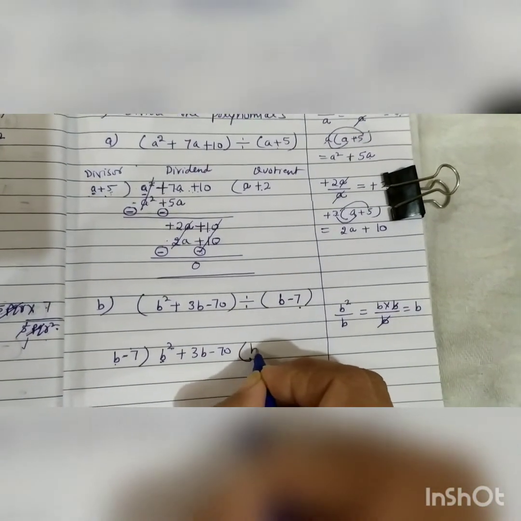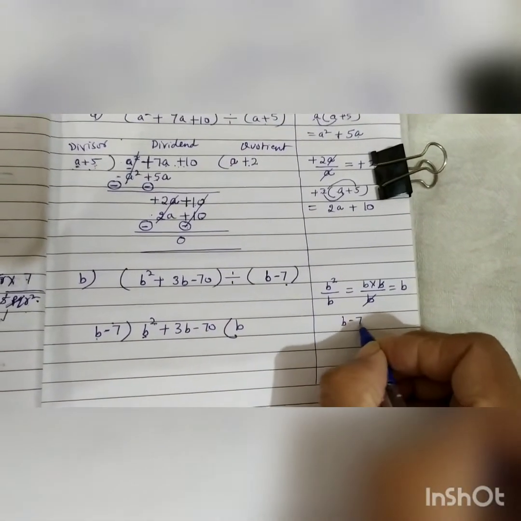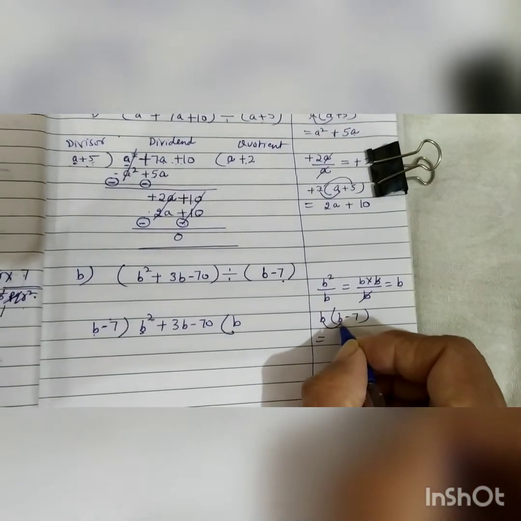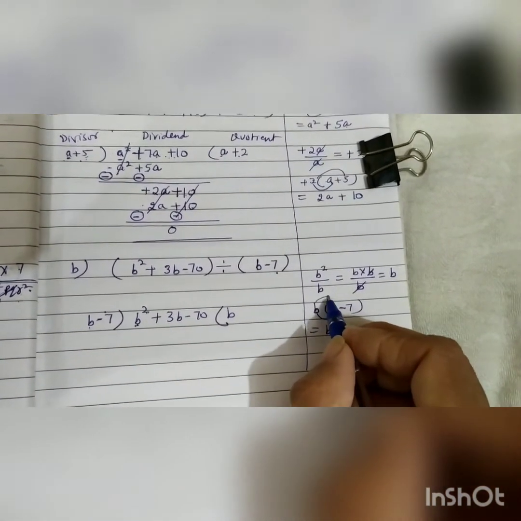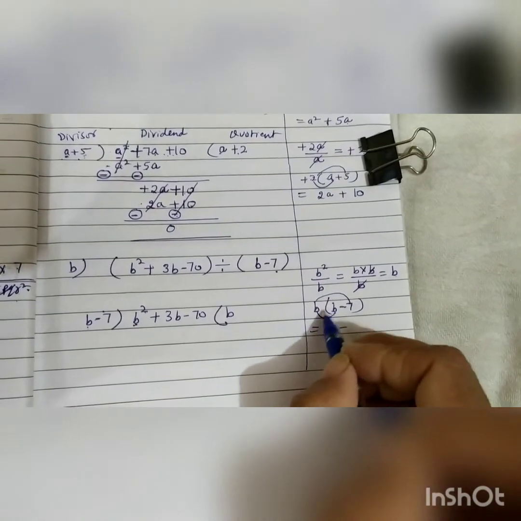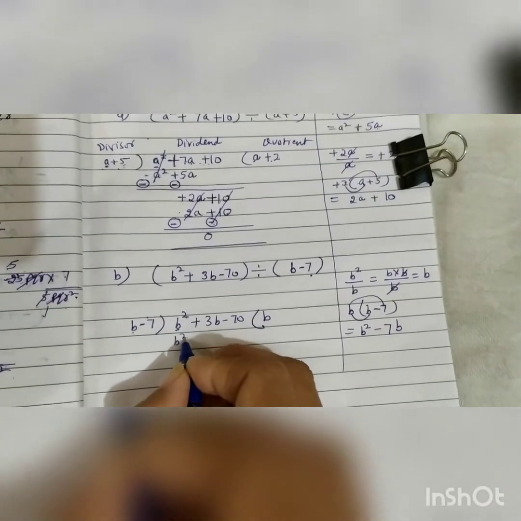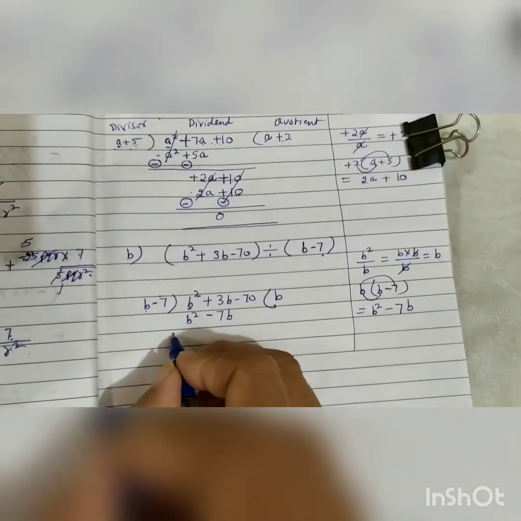Write this b here in the quotient. Now this b minus 7 will be multiplied by this b. b multiply b is b square. Then minus b multiply by 7, it will be 7b. We will write here b square minus 7b.